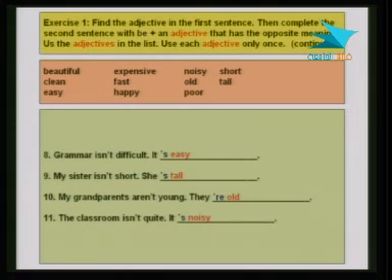Now, one thing I would like to mention here is that if you look at the verb be here, that's isn't, aren't, isn't. These are the short forms of the verb be with the negative word not. We're putting them together.